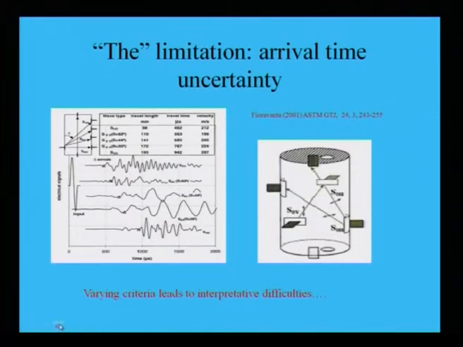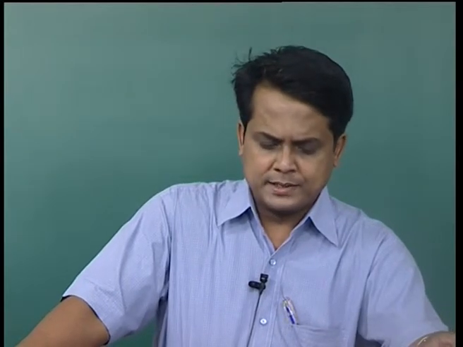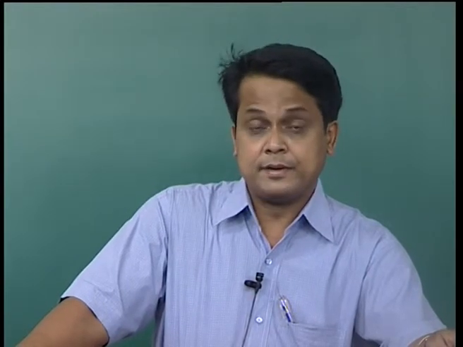Now, current bender practice, that means the limitations: arrival time uncertainty. If you look here, the arrival time uncertainty means, once you start a source, the arrival time can go in this way, so there is uncertainty. How it propagates varies with the criteria, so the interpretation is difficult.